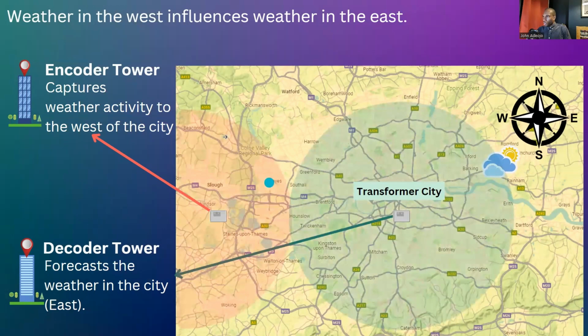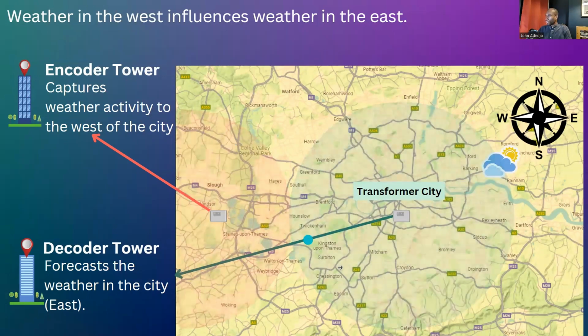So the flashing red area here shows the effective region of data capture for encoder tower. So what I'm trying to represent is where the encoder tower can effectively record and measure data about the weather. Okay, so that's what the flashing red region here represents.